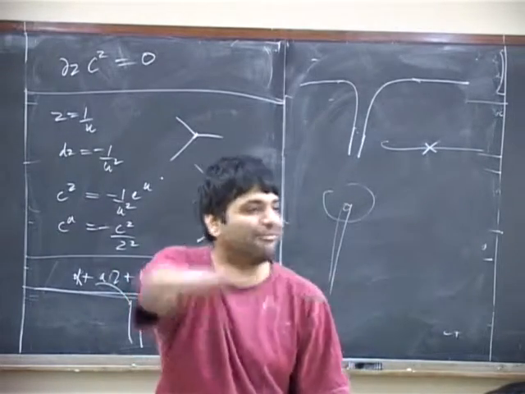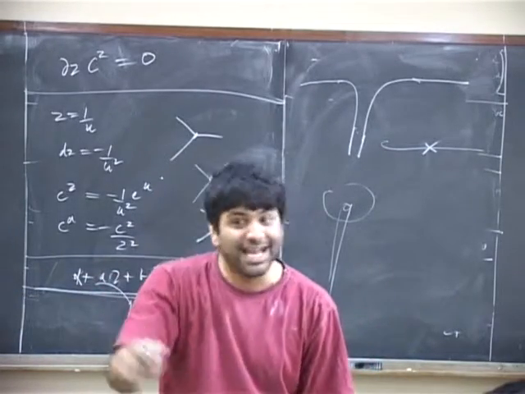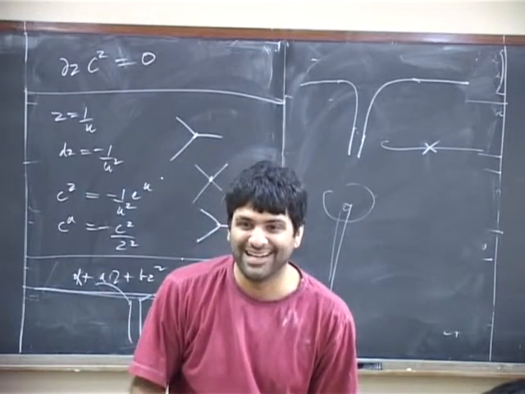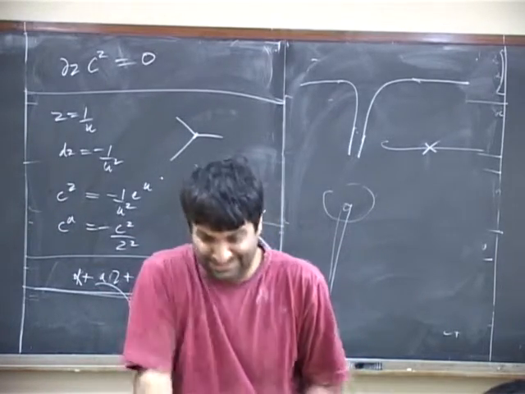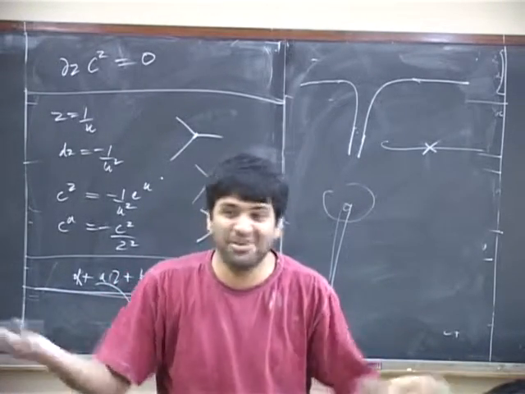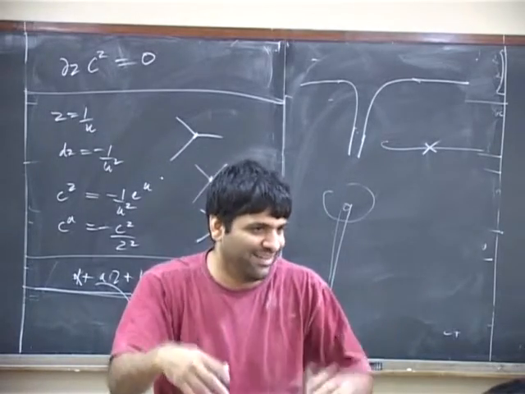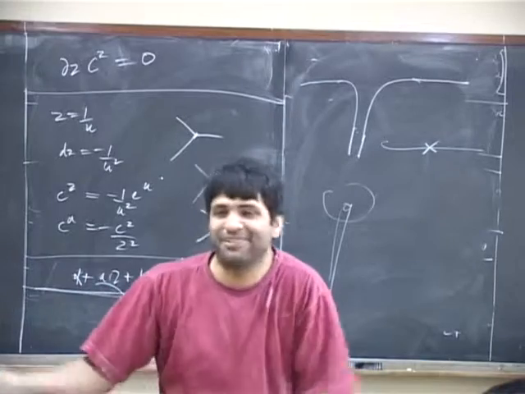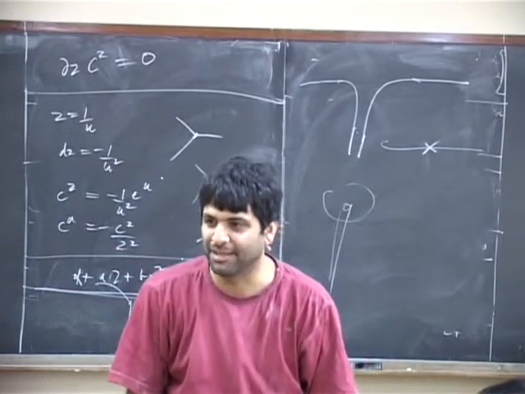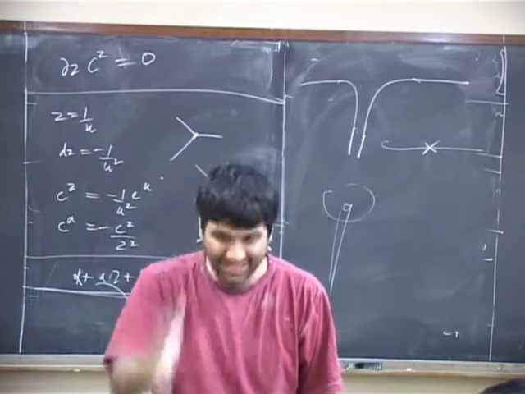Del x removes the zero mode part, so that's totally well defined. e to the power kx has the zero mode, but in this case the delta function normalizes it. But if you just put x, it's like the wave function x in quantum mechanics. Psi is the Schrodinger wave function, psi of x equal to x. That's not a wave function. It blows up uncontrollably. So this is the answer.